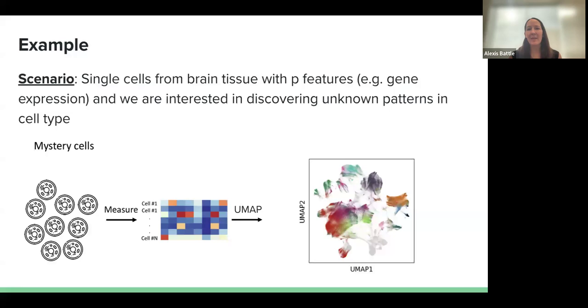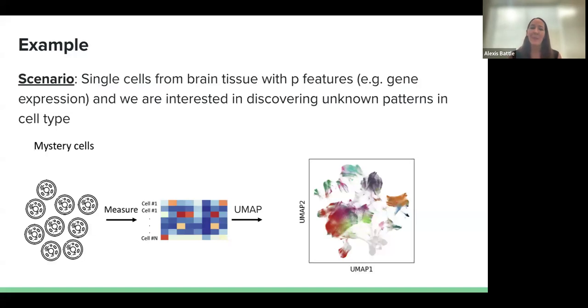Alternatively, even from that same data, we may be interested in discovering not simply groups of genes, as in this slide, but actually patterns of cell type and cell state. For example, we may have a case where we have not only multiple different cell types, but actually a continuum of cell states, such as position in the cell cycle, or differentiation time, or other states that are not simply a discrete membership in a cell type class. In that case, we can apply dimensionality reduction techniques such as UMAP or even just PCA to that same gene expression matrix that was shown in the previous slide.